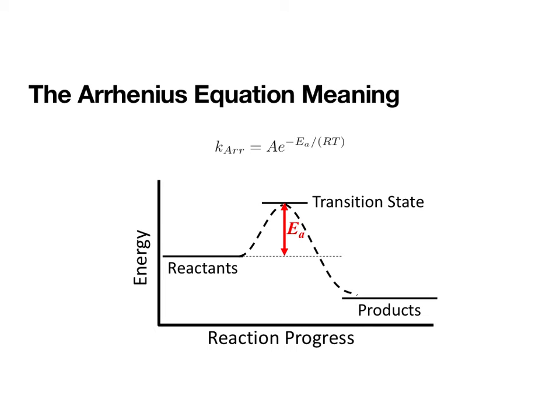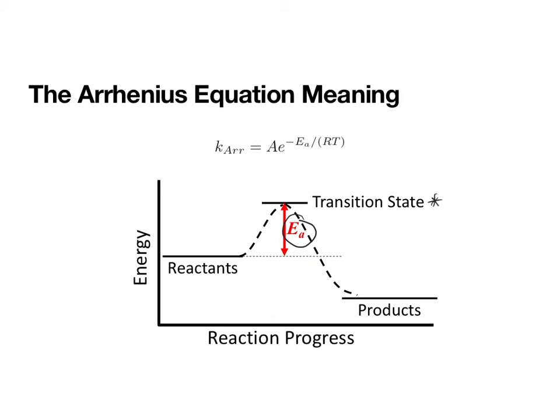So the reason we use the Arrhenius equation is really this activation energy. Finding this activation energy is able to really tell us things about this transition state, and it's going to tell us how much more energy the transition state has than the reactants.